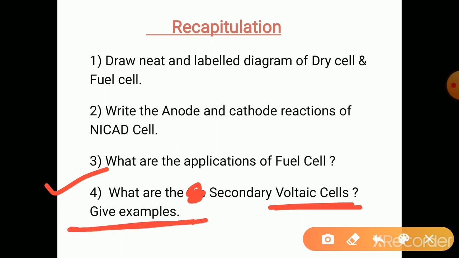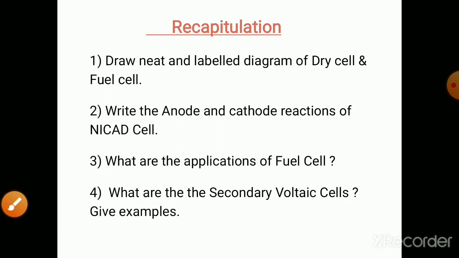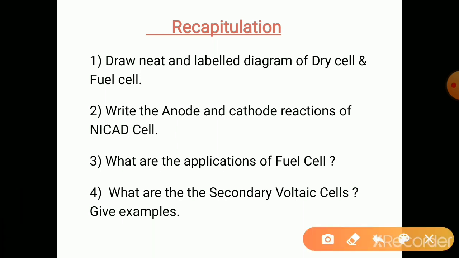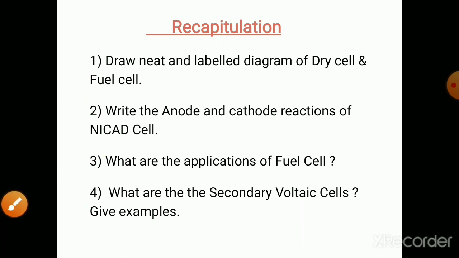Give some examples of secondary voltaic cells. So in this way we have discussed the primary and secondary voltaic cells which are given for your study this year. Answer these questions and try to understand. Thank you.